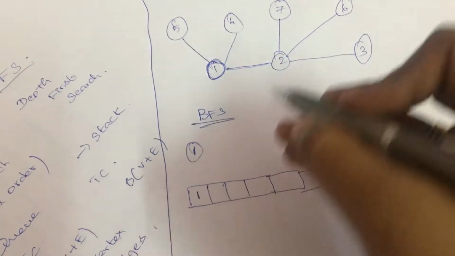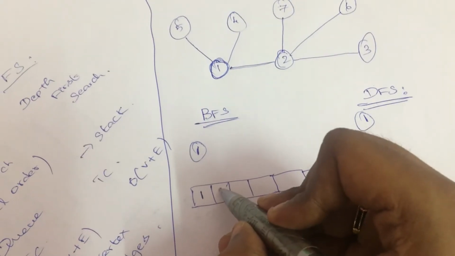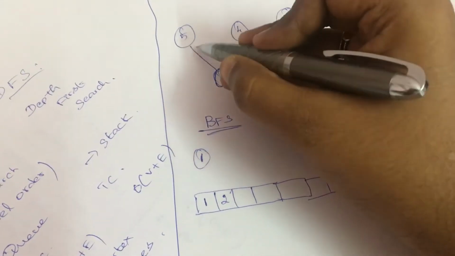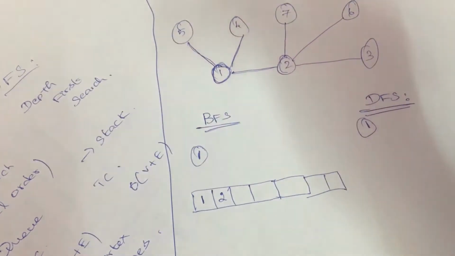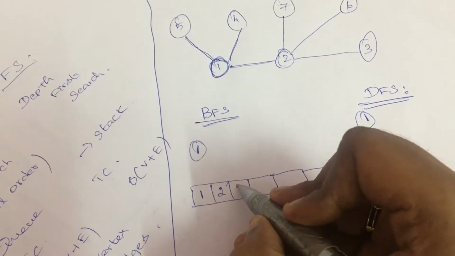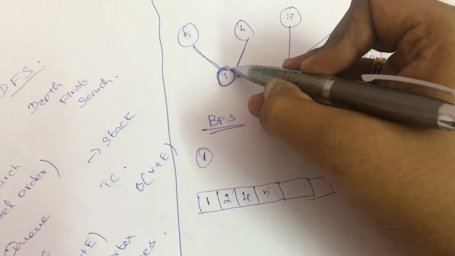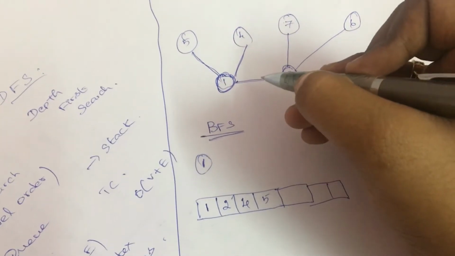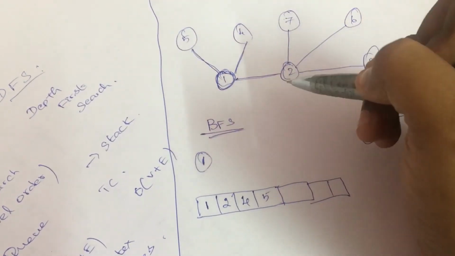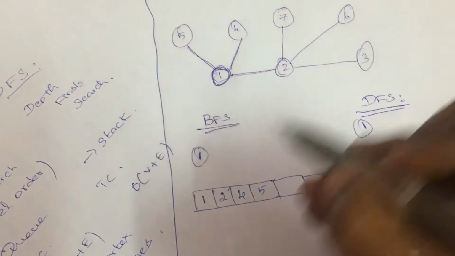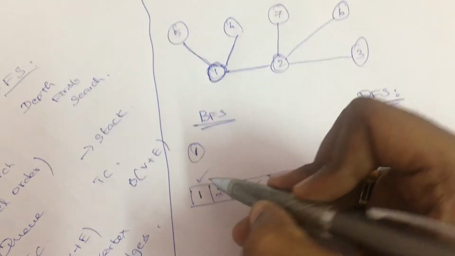I have vertex 2, so I push 2 into my queue, followed by 4 and 5, which are also connected with 1. So with 1 I have 3 vertices connected: 5, 4 and 2. I can take these in any order, so I have written it as 2, 4 and 5. So 1 is now done.